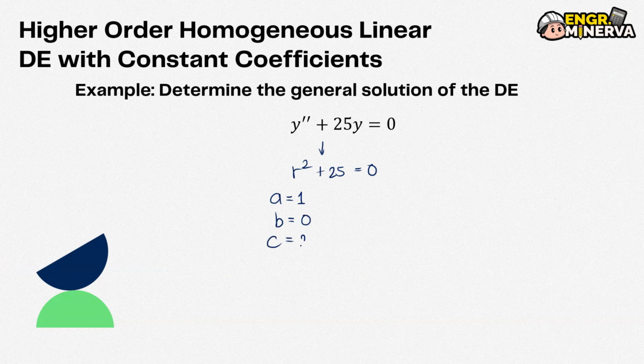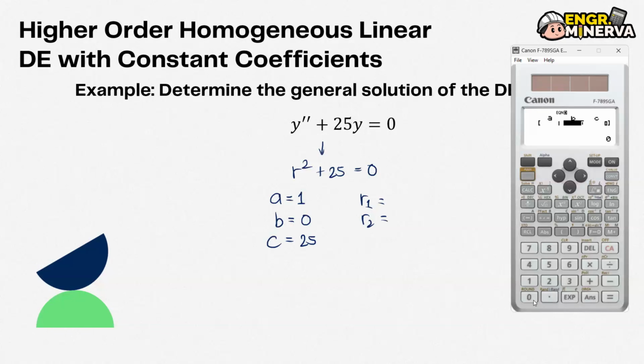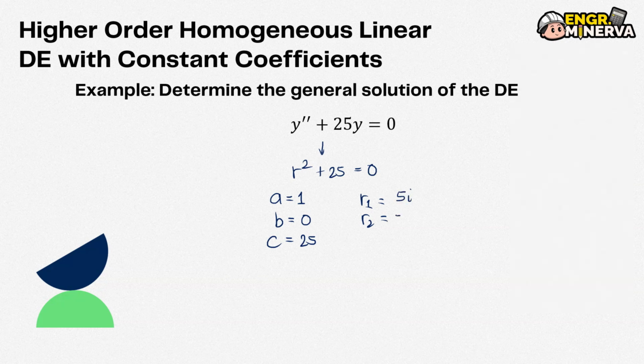And the value of c is 25. So with that, what would be our root? 1, 0, 25. So our roots are 5i and negative 5i. So roots 1 and 2 are positive negative 5i.